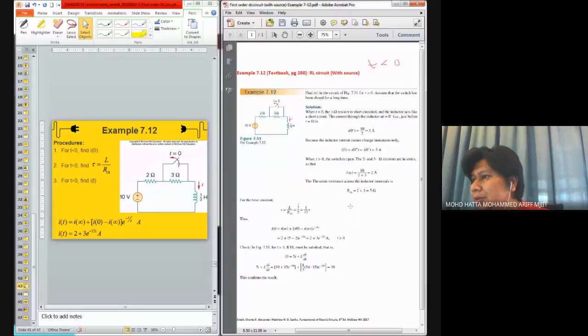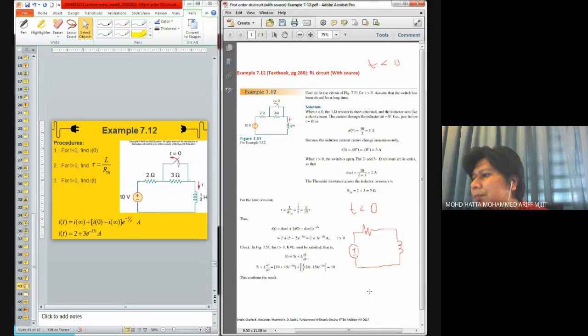Basically, for the circuit at t less than 0, we should have this kind of circuit.